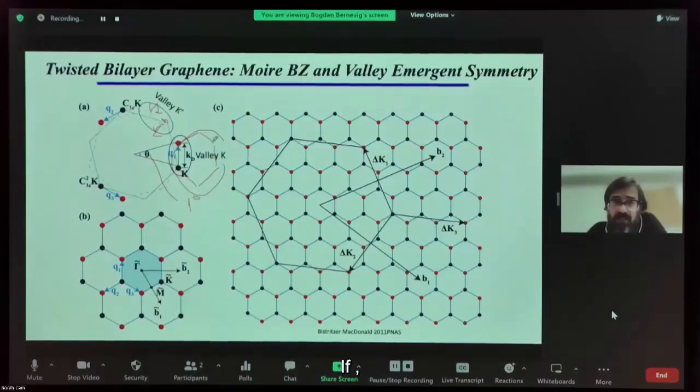The perturbation theory in the interlayer hopping over the intralayer hopping is t perpendicular over t parallel, which is on the order of 0.1, and the order of this perturbation theory will be the number of tilings of this small Brillouin zone from valley K to valley K prime.